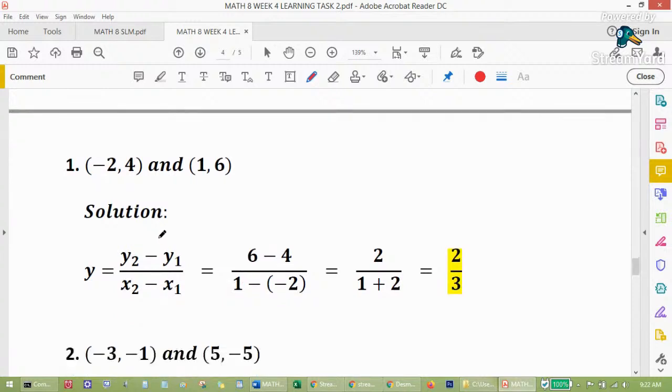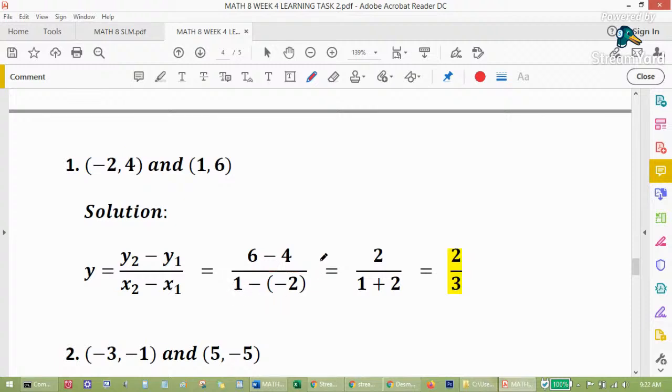So, the formula of the slope is dito. Yung pangalawang y minus yung unang y and then pangalawang x minus yung unang x. So, 6 minus 4 and 1 minus negative 2.